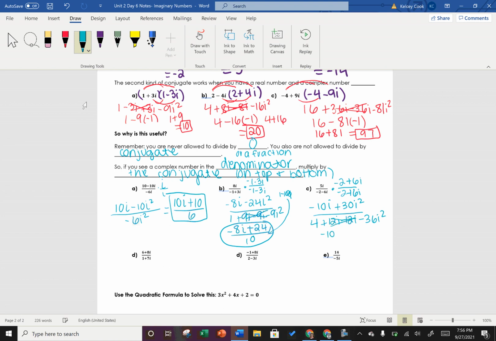You get negative 10i minus 30 all over 4 plus 36 is 40.